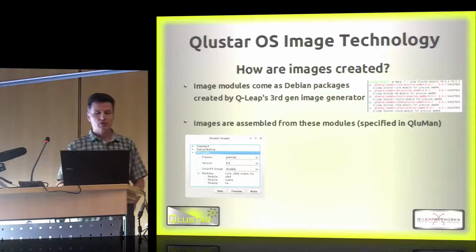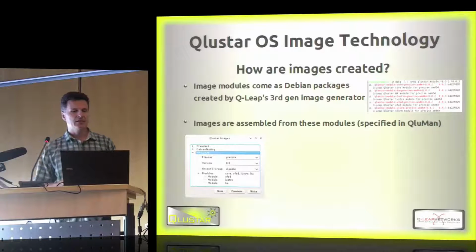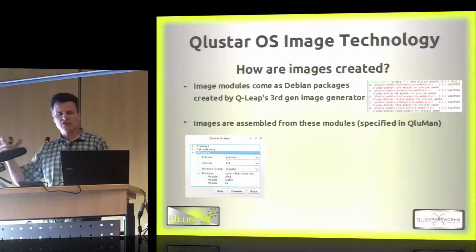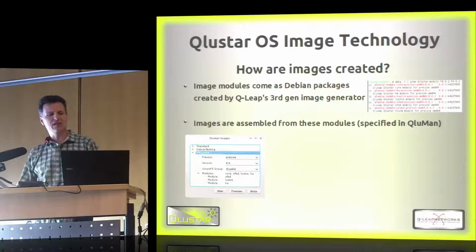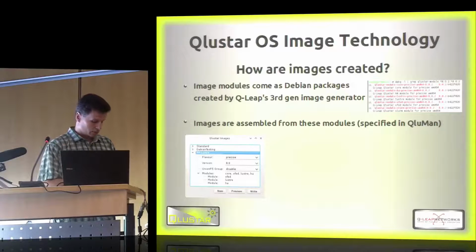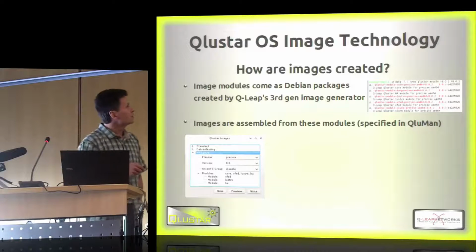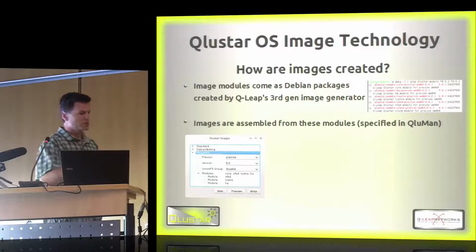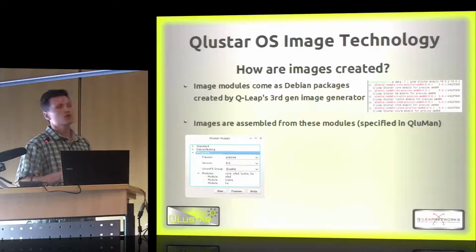We have a graphical user interface for this, and so the first thing that you do to assemble the image, I shouldn't say create because it's just assemble, is you give it a name. In this case, HA Qlustar. You choose a flavor, like in this case Ubuntu Precise.